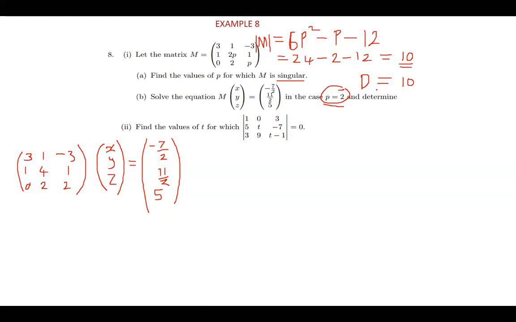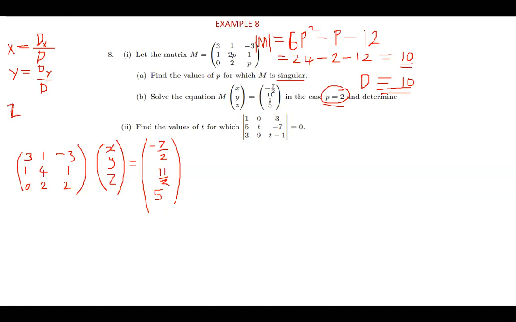So we found D, and according to Cramer's rule, when you're finding the value of x, you find the determinant Dx, and then divide by D. When you're finding y, you find the determinant Dy over the same D. Same applies to the situation where you're finding z.